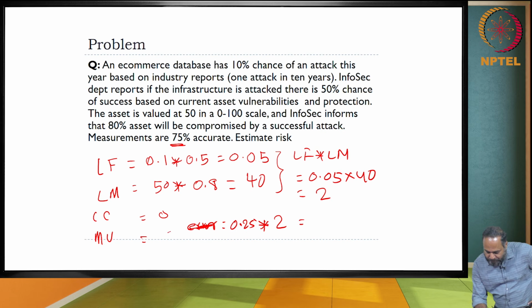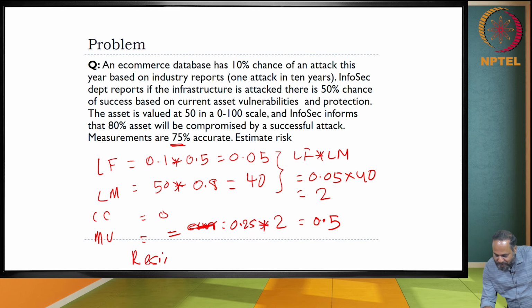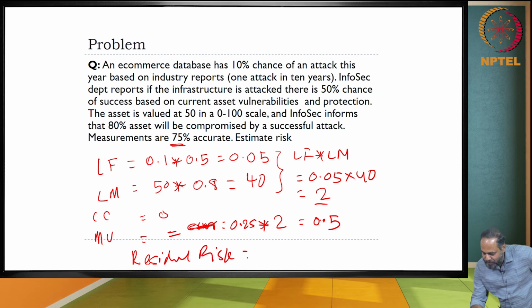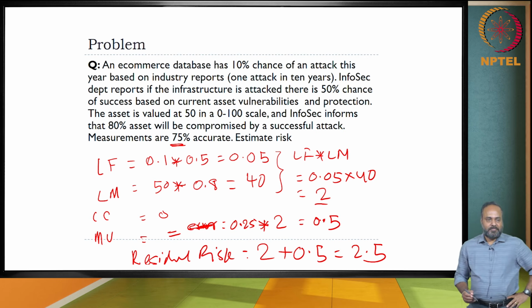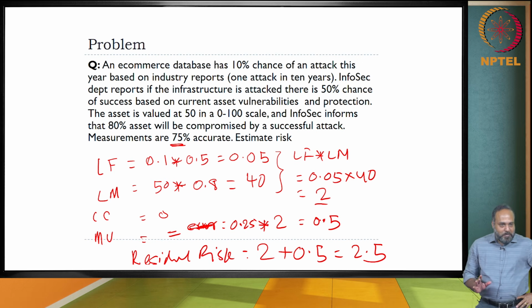Measurement uncertainty is 0.25 into 2, that makes it 0.5. Therefore, residual risk is equal to 2 plus 0.5 is equal to 2.5. Okay. This is textbook problem solving.